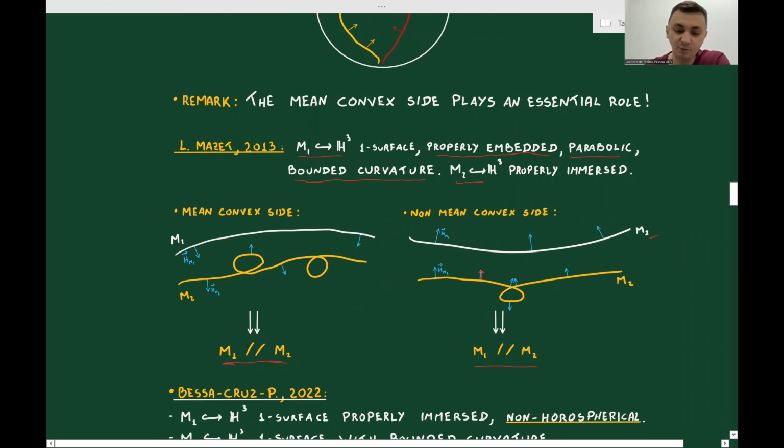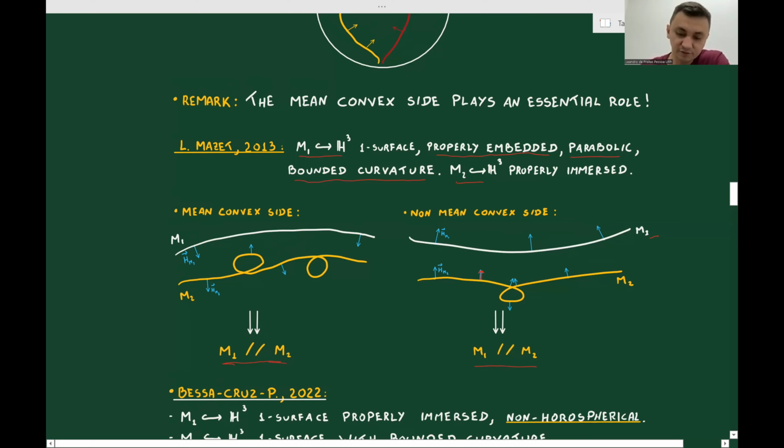So this M1 here can be both the horosphere or the catenoid. And M2 now is just properly immersed, not embedded. So Mazet is a kind of generalization of the first two cases of the Rodriguez and Rosenberg results.